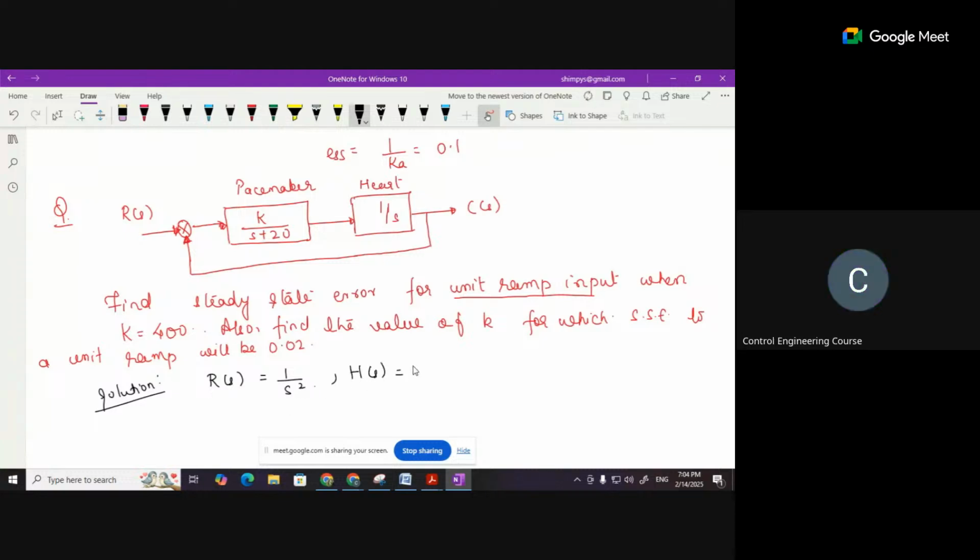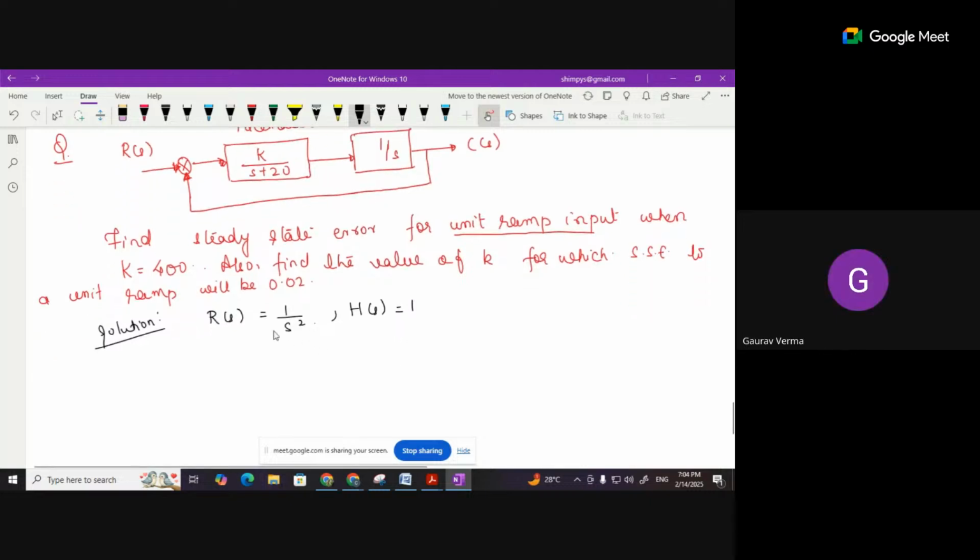HS comes out to be 1, as we can see from the block diagram. And if I find out my GSHS, it will be K by S into S plus 20.